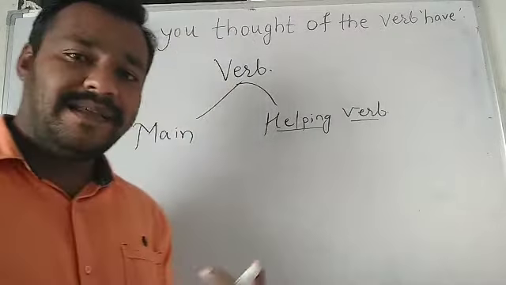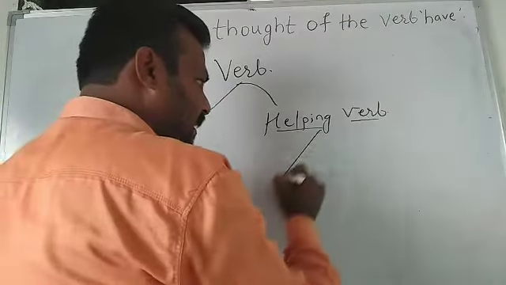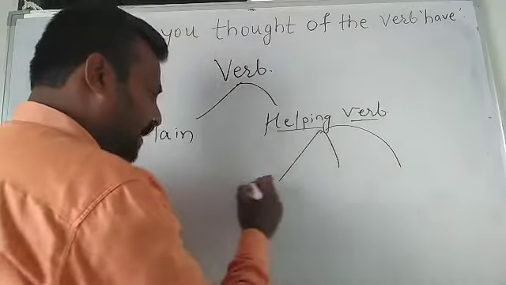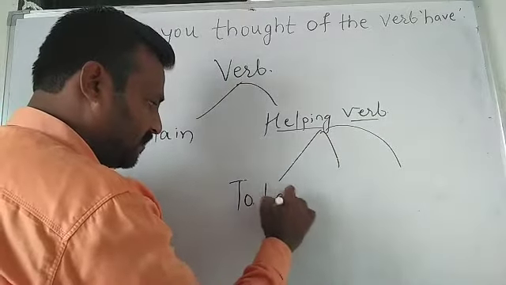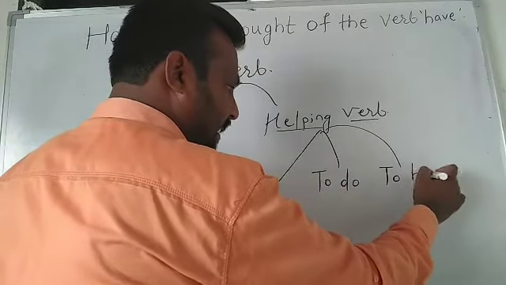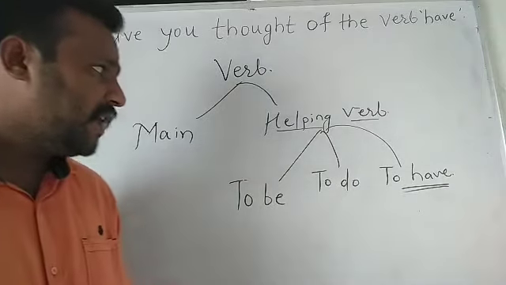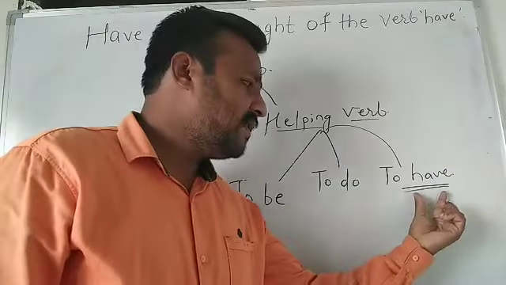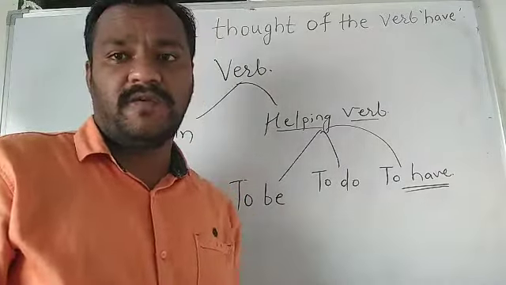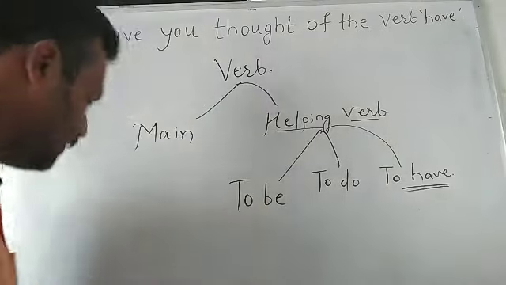These are examples of main verbs. Helping verbs are divided into three parts: to be, to do, and to have forms. Today we will discuss the to have forms, the verb have. So let's start our session, friends.